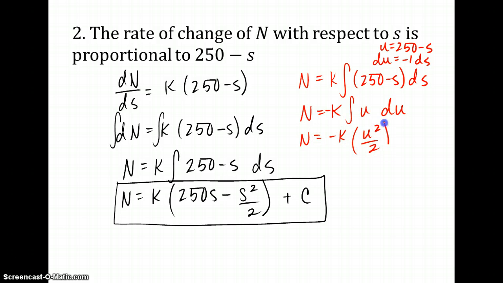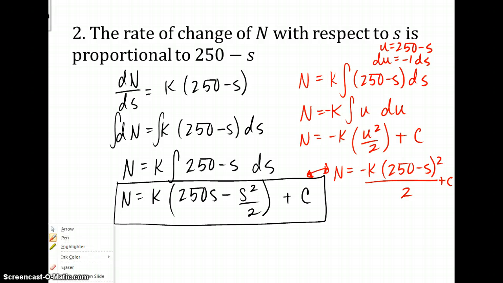U squared over 2 plus c, and then replacing u plus c. These are equivalent equations, and either one would be correct if you were asked to solve that differential equation.